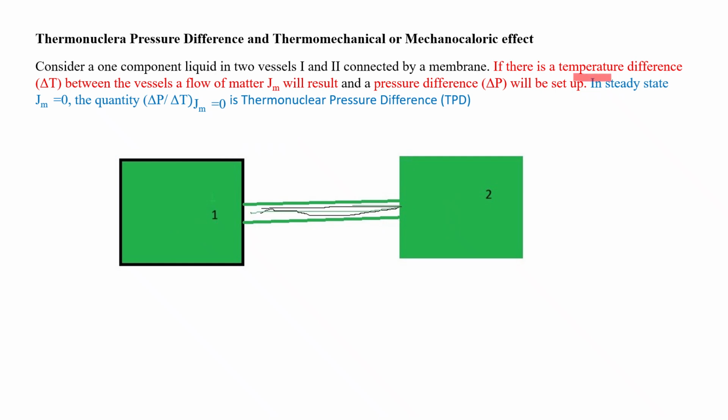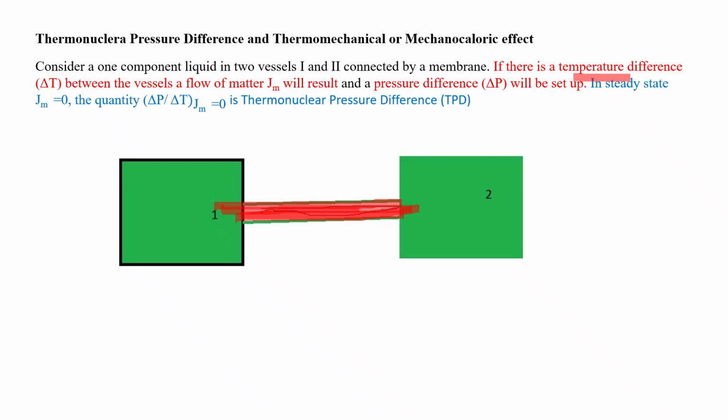Since there is a temperature difference between the vessels, there is a possibility of flow of matter, that is, the liquid or the component present in the liquid may move from vessel 1 to 2 or 2 to 1 through this semi-permeable membrane.